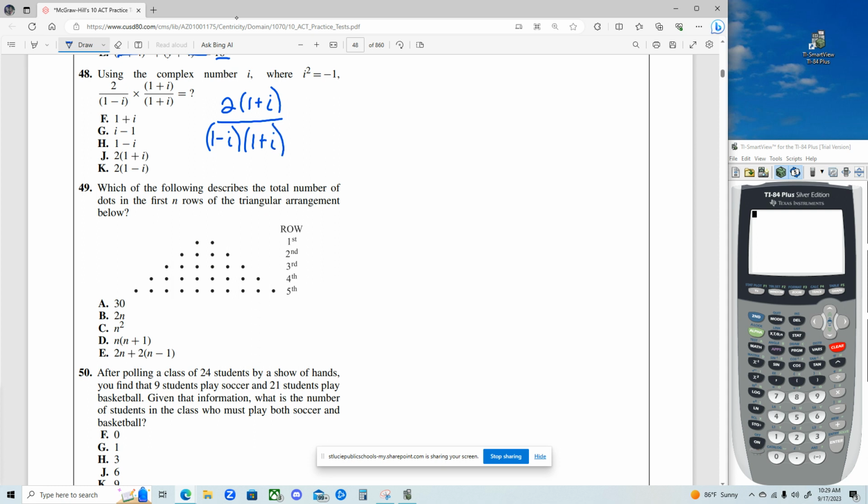So I'm going to leave my top and work on this bottom here for a minute.